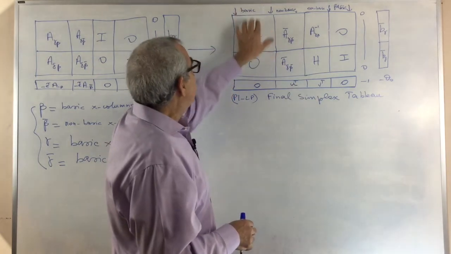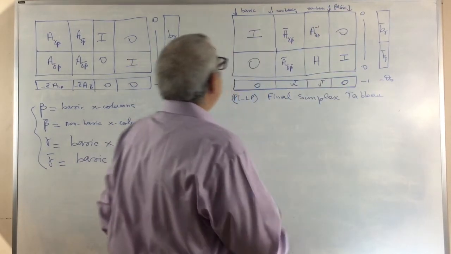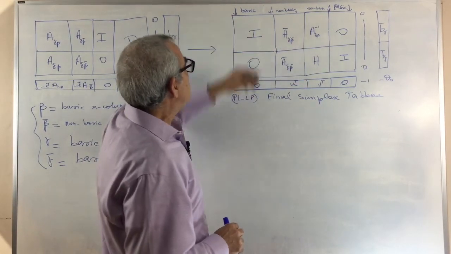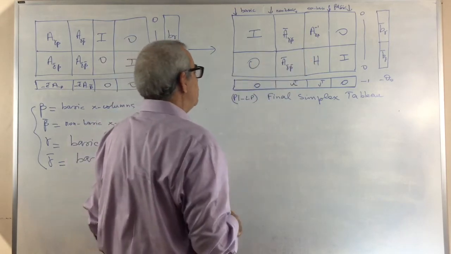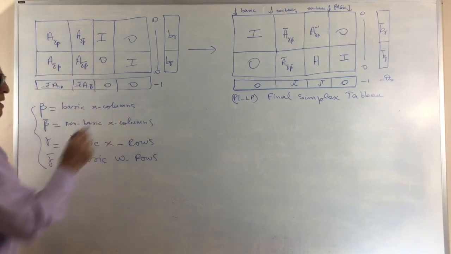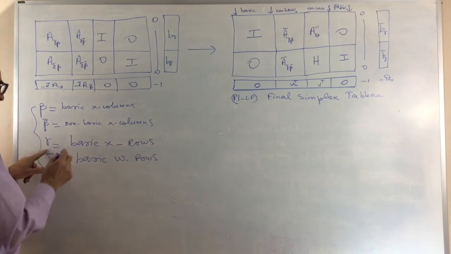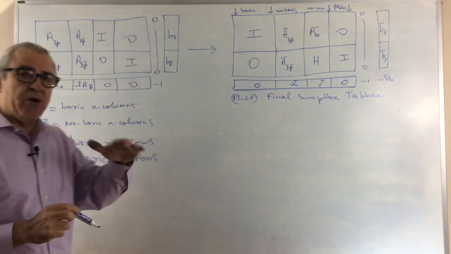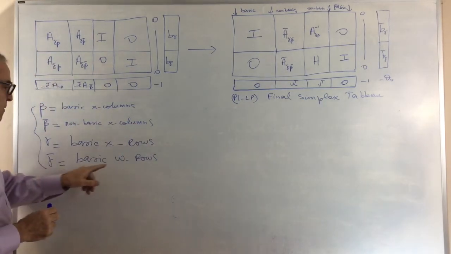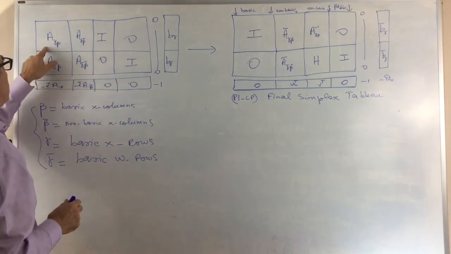So this is some X column basics, and this is the basic W columns. I made column permutations and row permutations so it looks like this. But in general, let beta be the basic X column indices, beta bar the non-basic column indices, gamma the basic X rows, the rows where the basic X are, and gamma bar where the basic artificial variable rows are, then these matrices are defined this way.